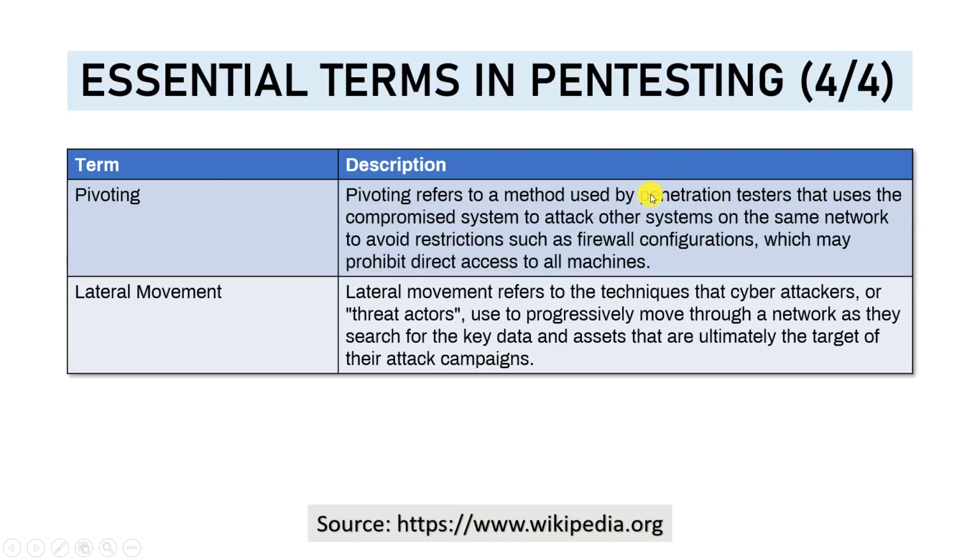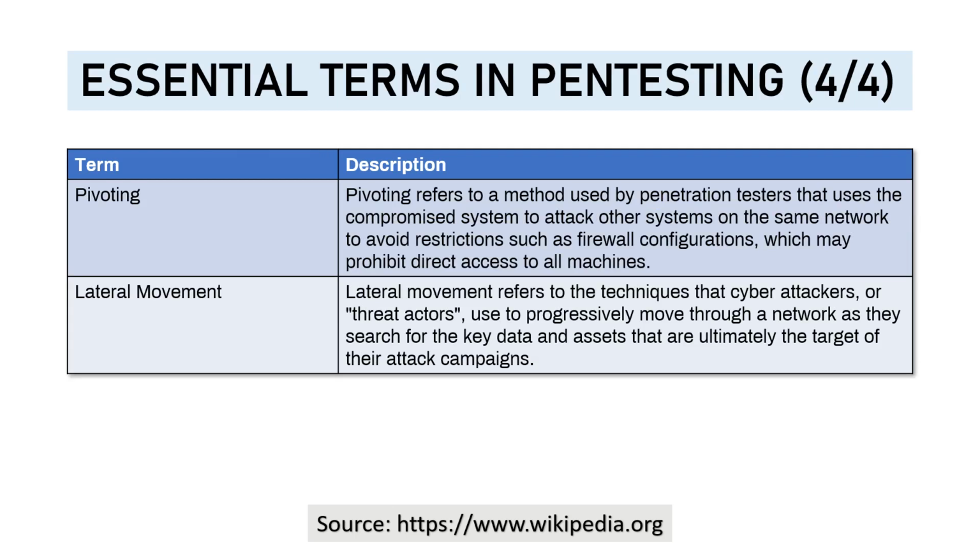And then there's another one called pivoting, which refers to a method used by penetration testers that uses the compromised system to attack other systems on the same network to avoid restrictions such as firewall configuration, which may prohibit direct access to all machines. So you might want to attack a weak host, and once you gain access to the weak host, you use that host as your gateway to connect to other hosts.